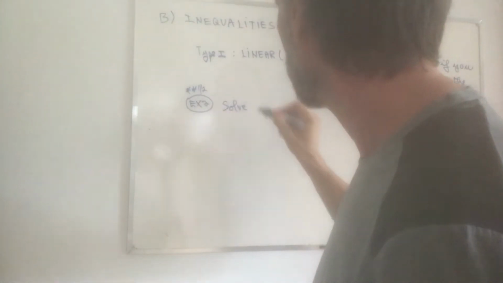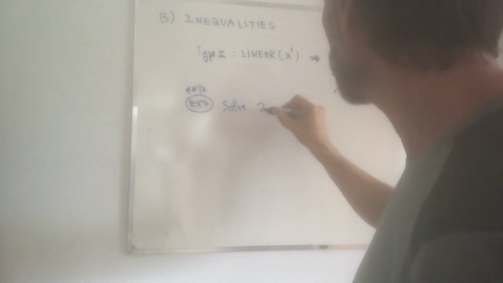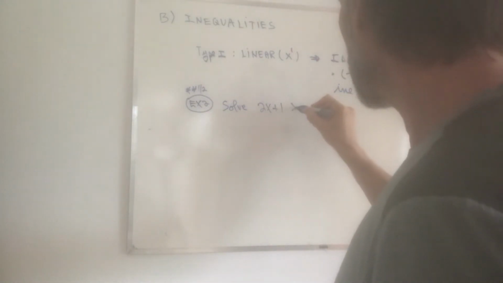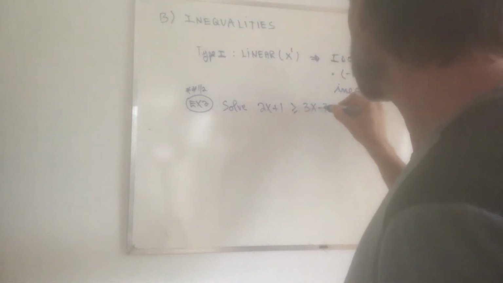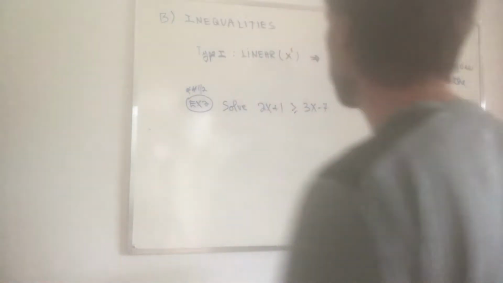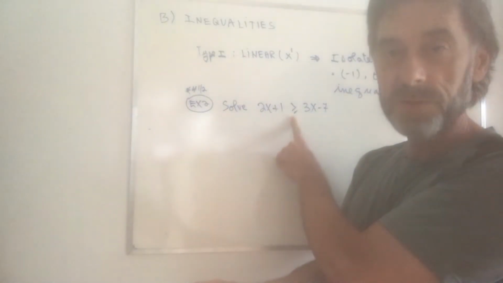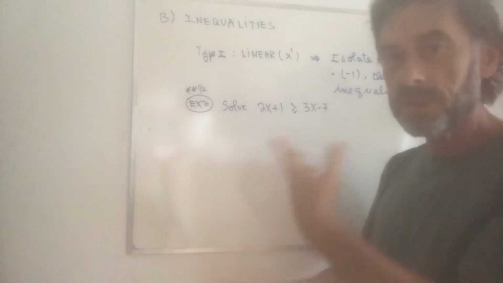So, solve. I do have something ready here. 2x plus 1 greater than or equal to 3x minus 7. All right. Imagine that this was an equal sign instead of a greater than or equal to. What would you do? You'd bring the x to one side, the constants to the other side.